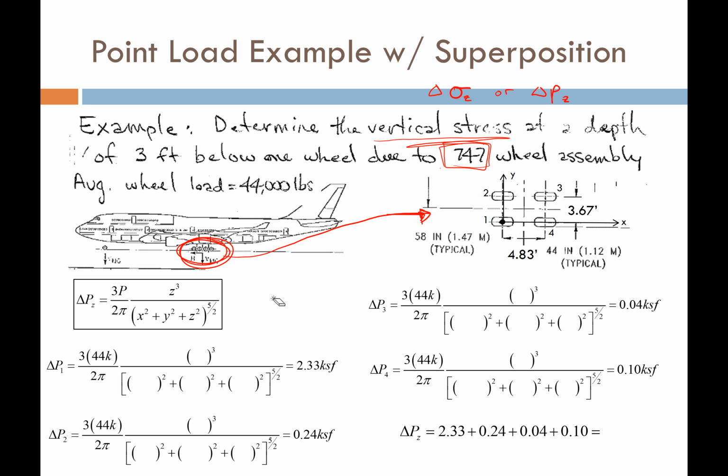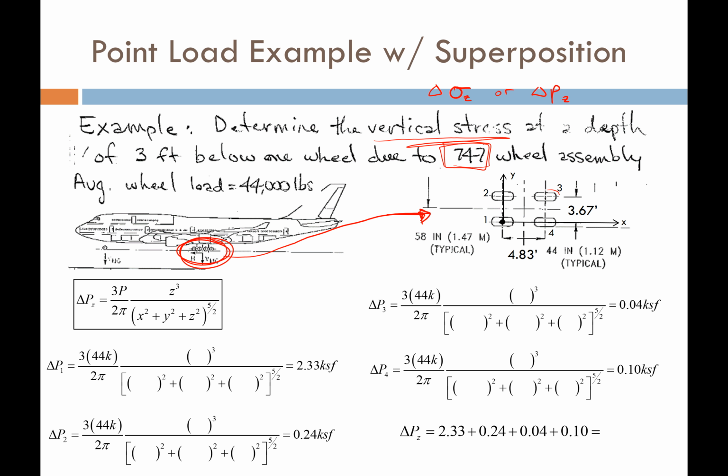We can use our point load assumption here, because we can treat each tire as a point load. So we have 4 different point loads, and we're going to compute the stress for each of the 4 tires and then just add them together. P happens to be the weight on any individual tire, which was given to us as 44,000 pounds.